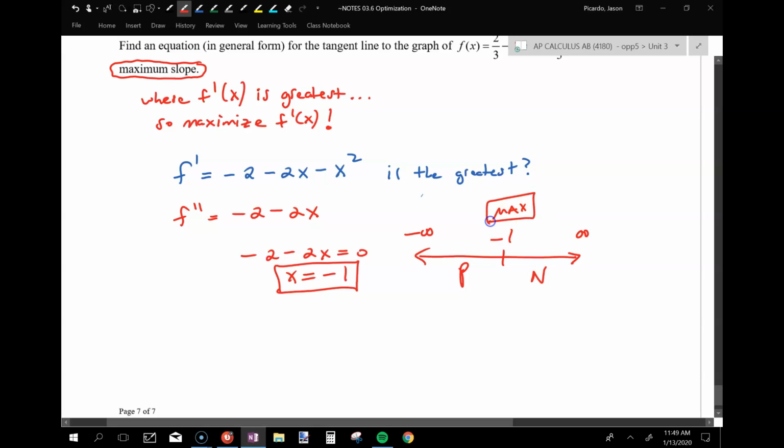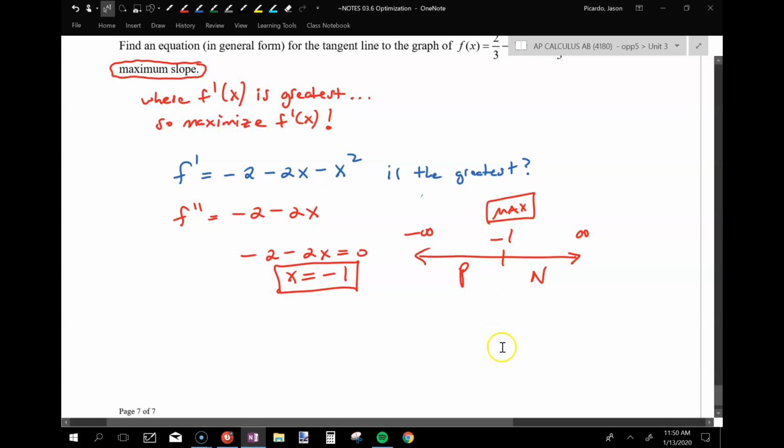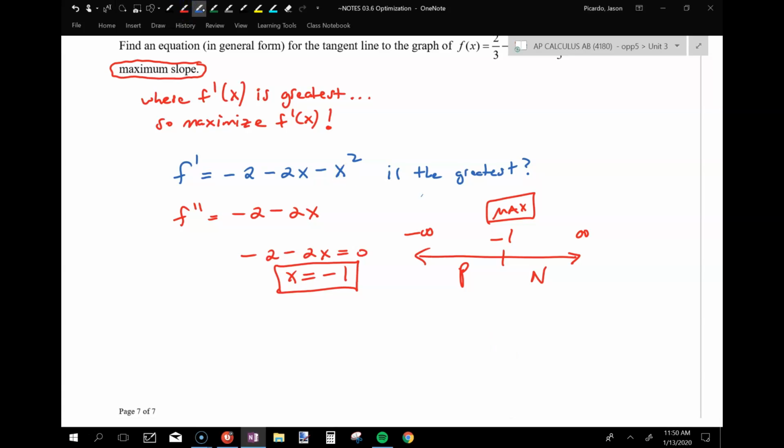Ready? Quick question. Does that mean that the biggest slope is -1? No, that means that the biggest slope occurs at -1. If I want to know what the biggest slope is, what am I going to do?